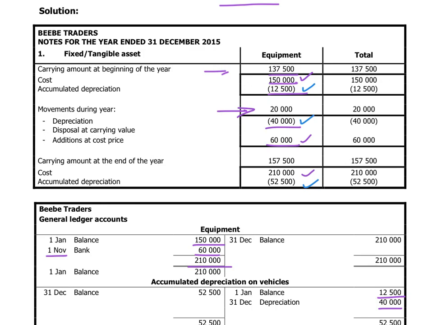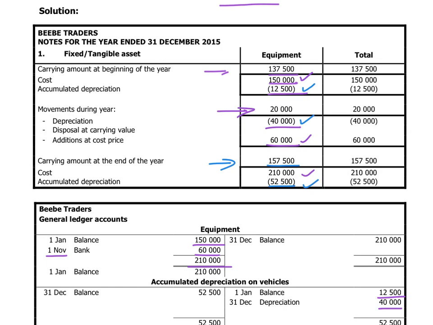To determine the closing carrying amount, I will use the 210,000 minus the 52,500, and that will give me a carrying amount of 157,500.